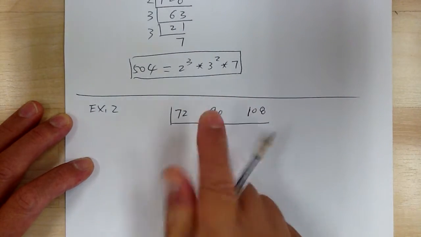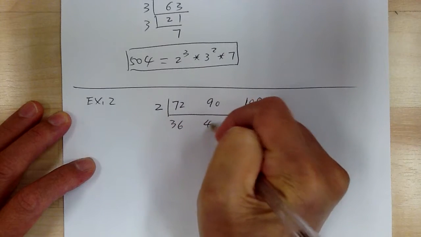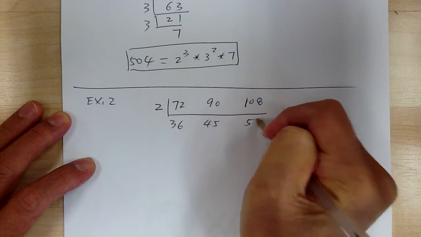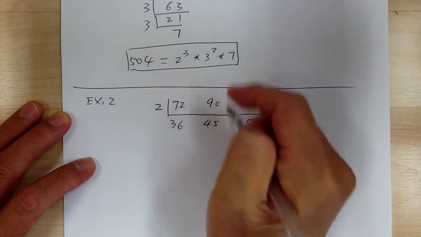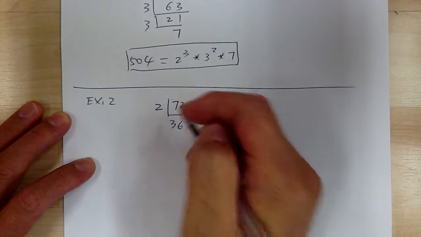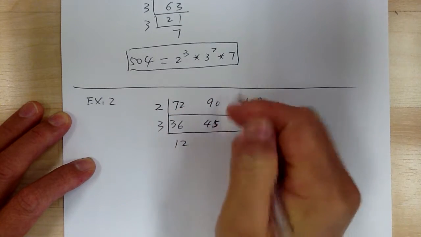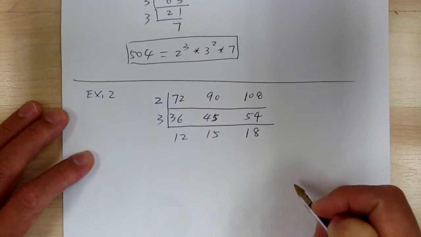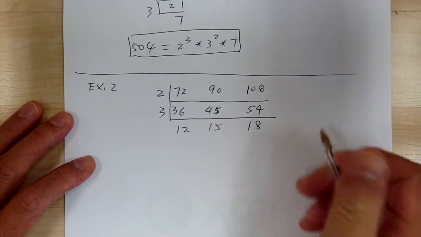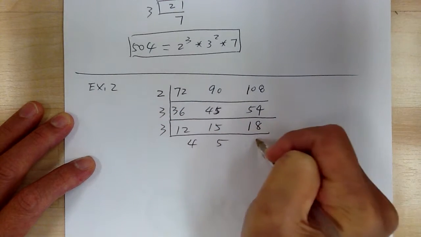All these are even numbers, so you can divide by 2. So it's 36, 45, and 54. Now you cannot divide by 2 anymore because 45 is not divisible by 2, so you go to 3. You get 12, 15, and 18. You can divide by 3 again, so you get 4, 5, and 6.